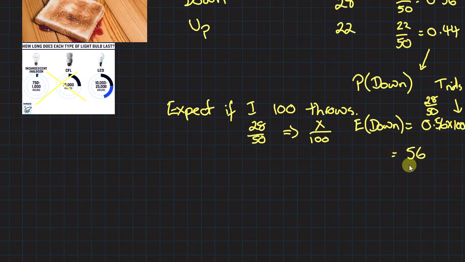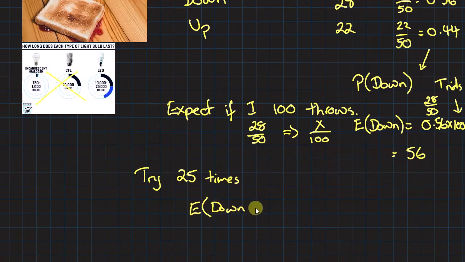So if I was to try the jam experiment 25 times, I would expect down from 25 attempts to be my probability, 0.56, the relative frequency, multiplied by 25.